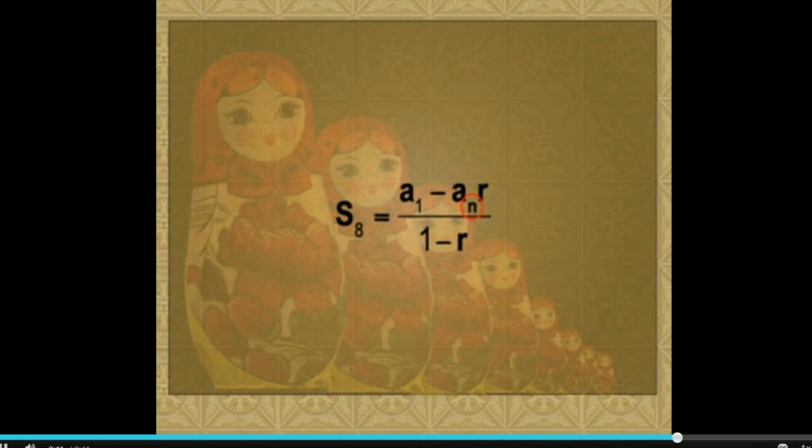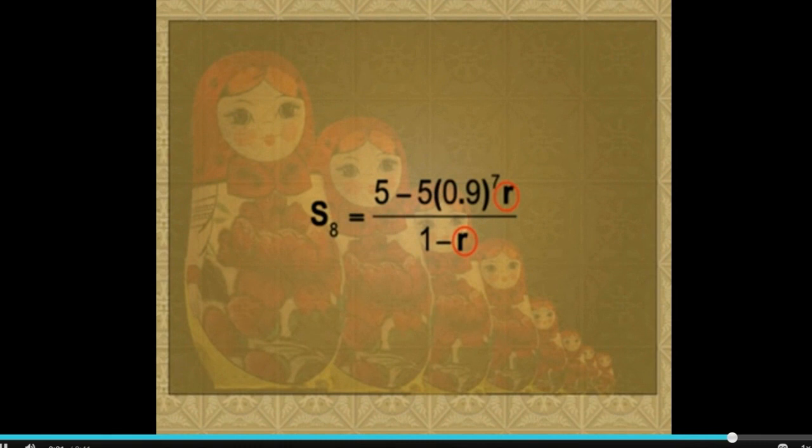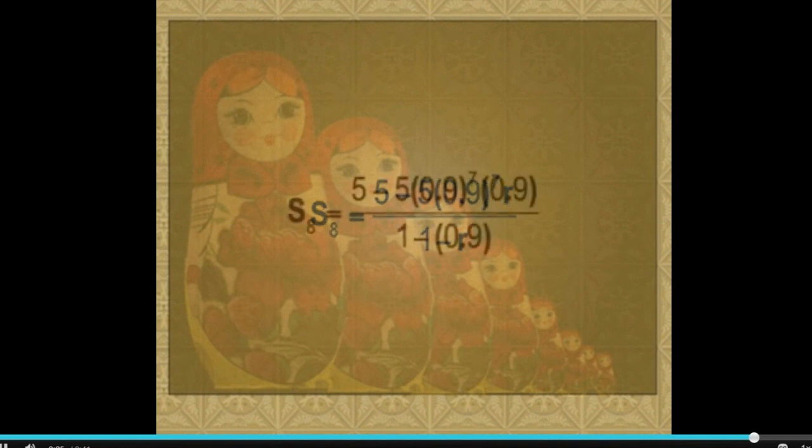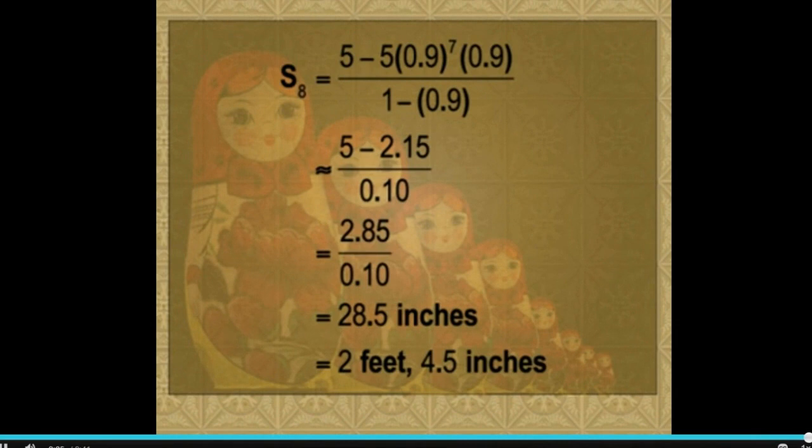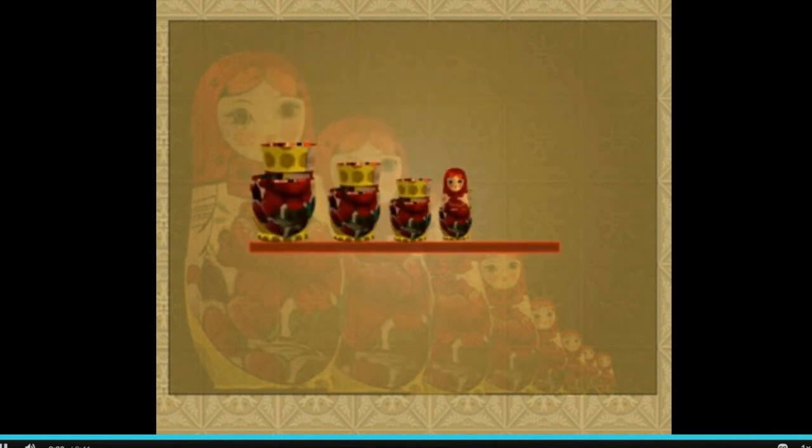So here, a sub 1 is 5, and a sub n is 5 times 0.9 to the 7th power. R stands for the common ratio, and is the factor that each term is multiplied by. In this case, r is 0.9. So substitute and solve. The dolls will span about 28.5 inches, or just over 2 feet and 4 inches. Rachel's 2-foot shelf is not enough.